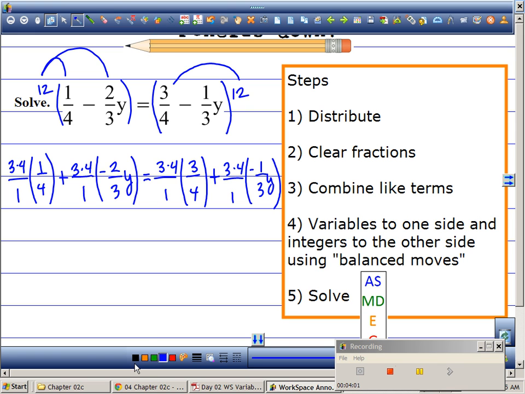All right. So 4 divided by 4 is 1, 3 divided by 3 is 1, 4 divided by 4 is 1, and 3 divided by 3 is 1.